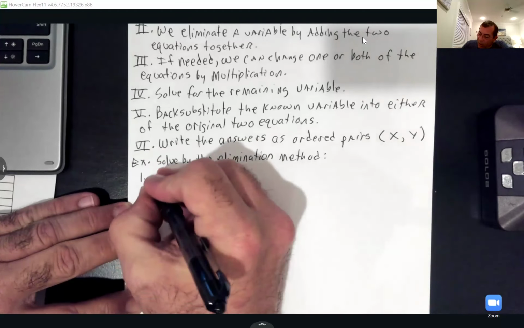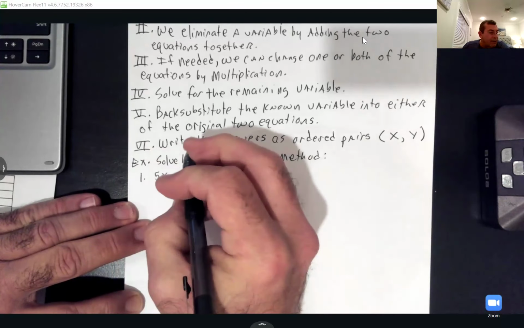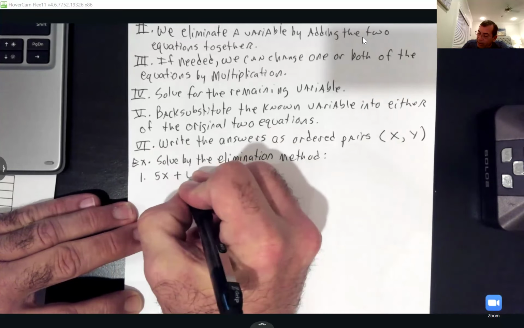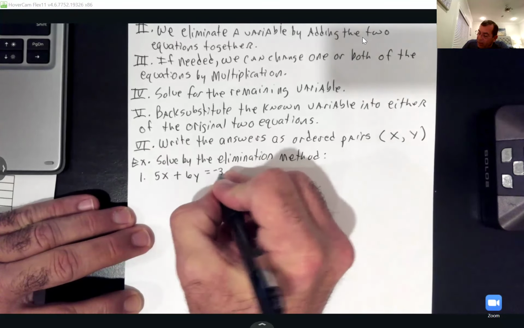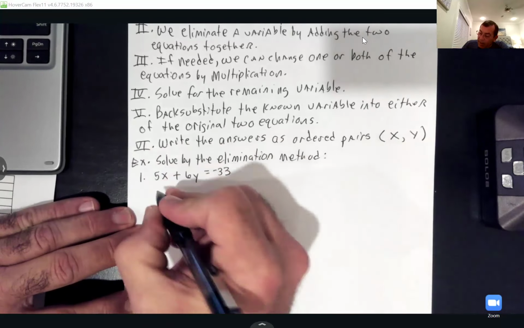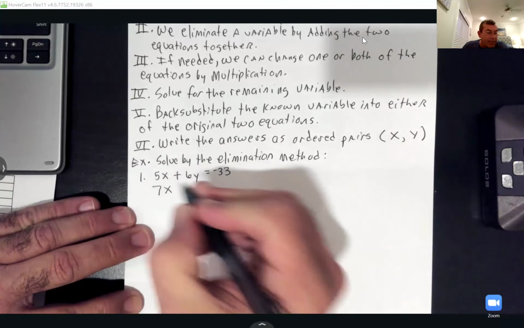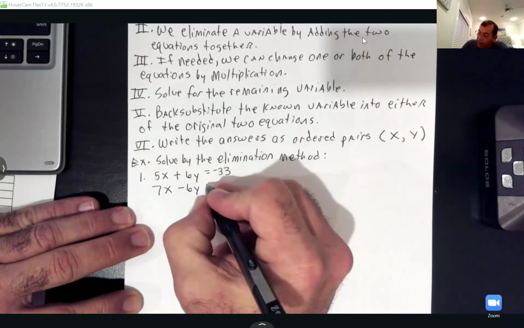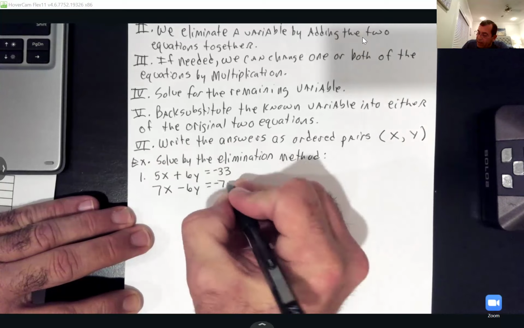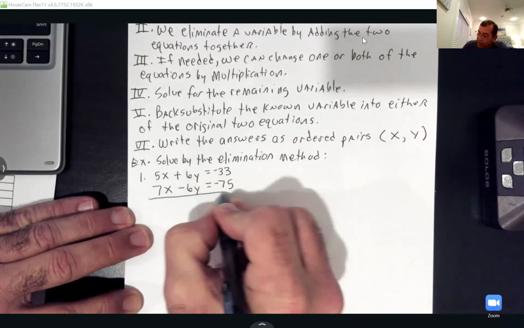So I'm going to start with a 5x plus 6y equals a negative 33. My next equation will be 7x minus 6y equals a negative 75.